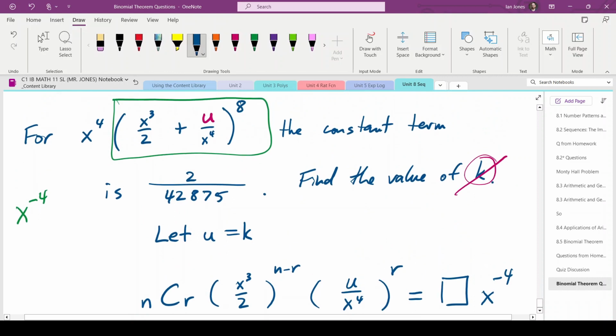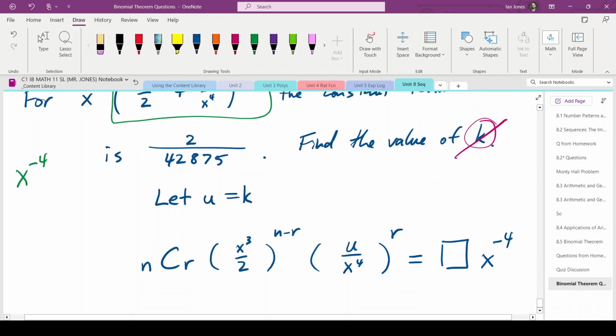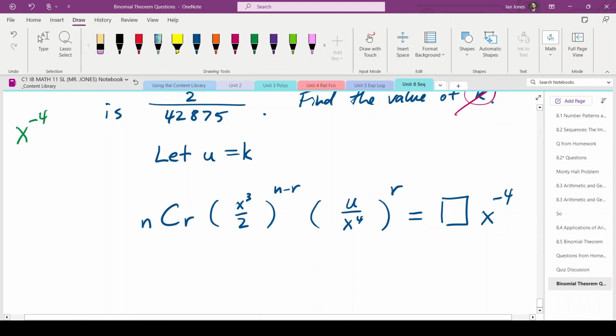I know n is 8, so I can replace my n with 8 here and here. So that's 8 minus r and 8 choose r. But my objective at this point is just to figure out what r is.